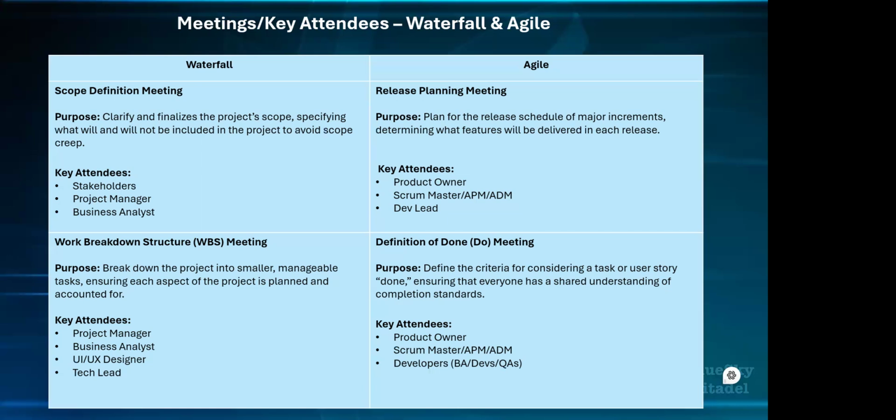The purpose is to break down the project into smaller, manageable tasks and ensure that each aspect of the project is planned and accounted for. On the technical aspect, the tech lead is able to say, okay, this is what is needed for this technical bit, which the project manager might not be able to put down. The tech lead will review the document and say, so you've missed a bit out, this needs to be there.